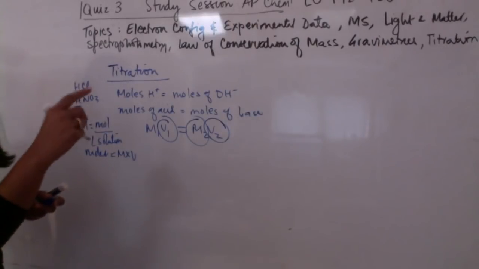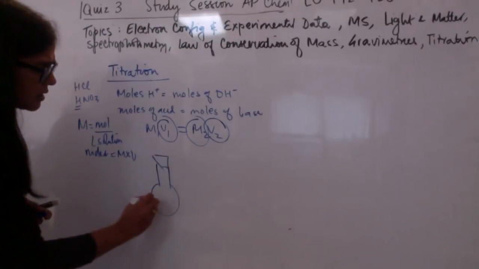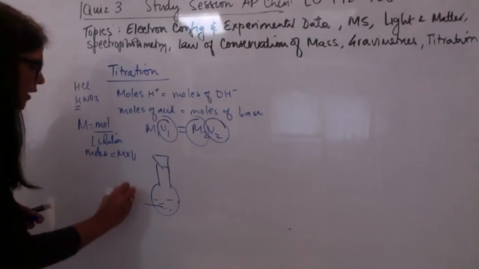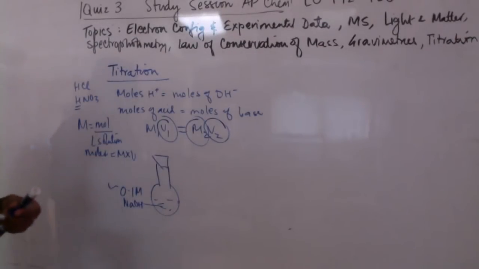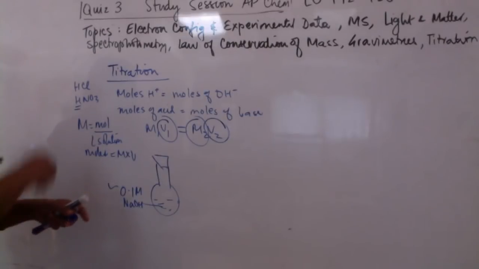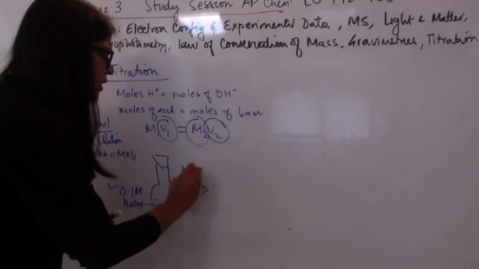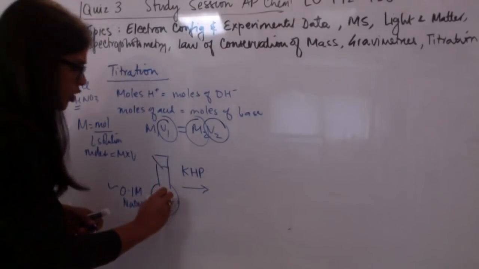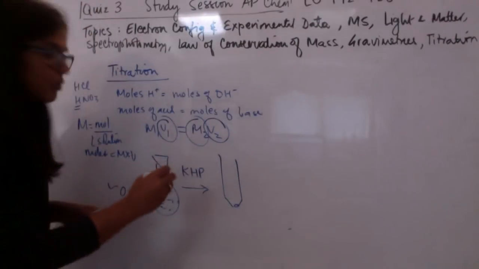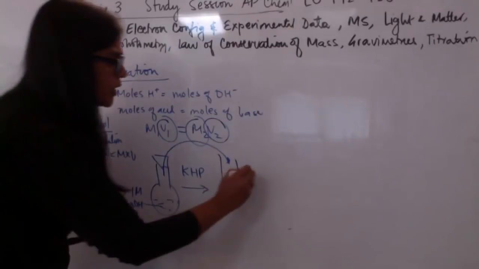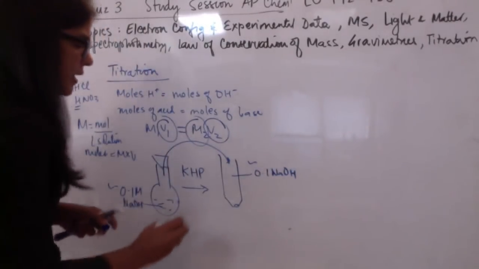However, in the titration that we did, we made our standard solution of NaOH around 0.1 molarity. We made it very carefully, but because NaOH is hygroscopic and water molecules snuck in there, we now standardized it with KHP. We took this NaOH and prepared the burette. We rinsed it with water, then we rinsed it with 0.1 molar NaOH, and we put our NaOH around 0.1 molar in here.